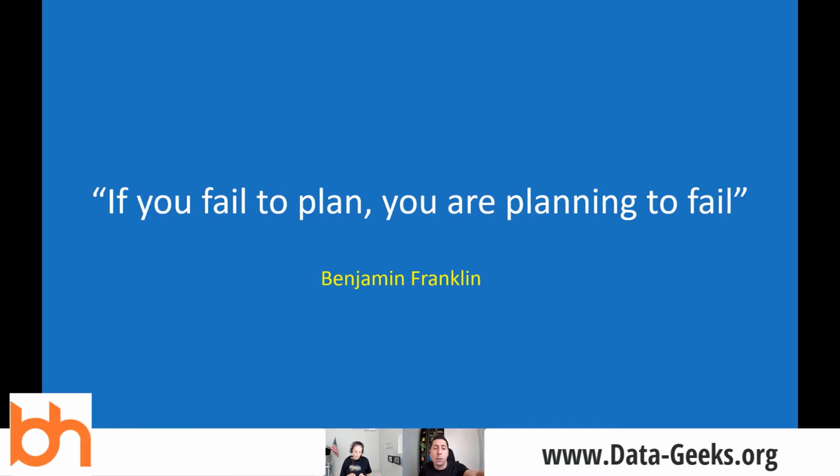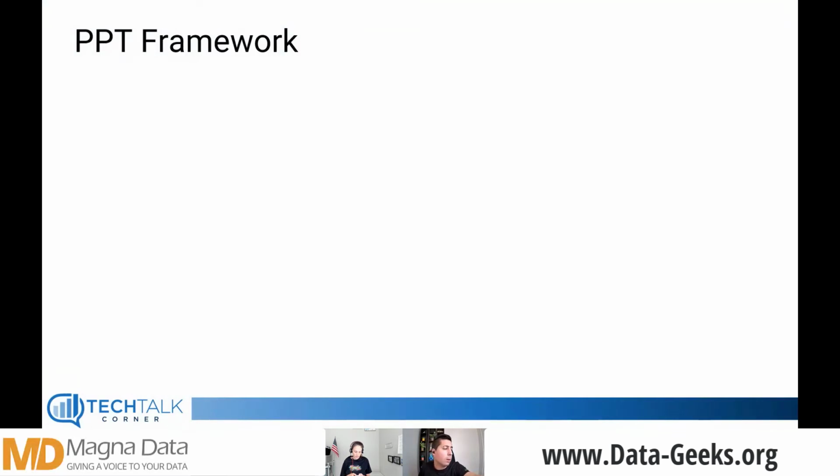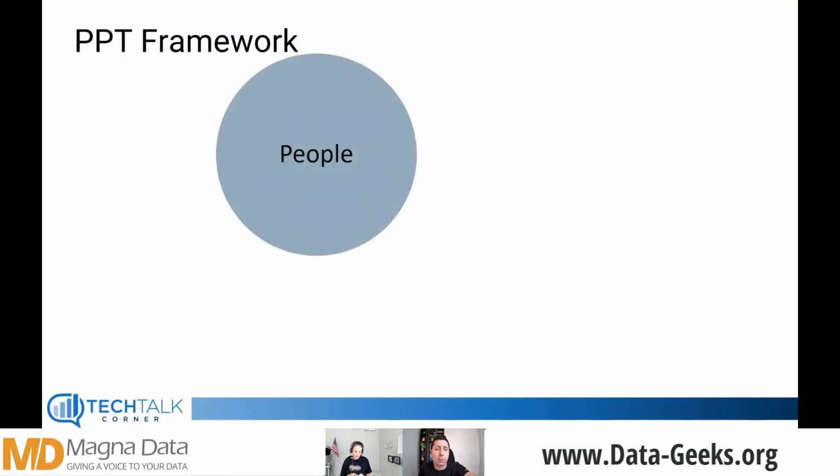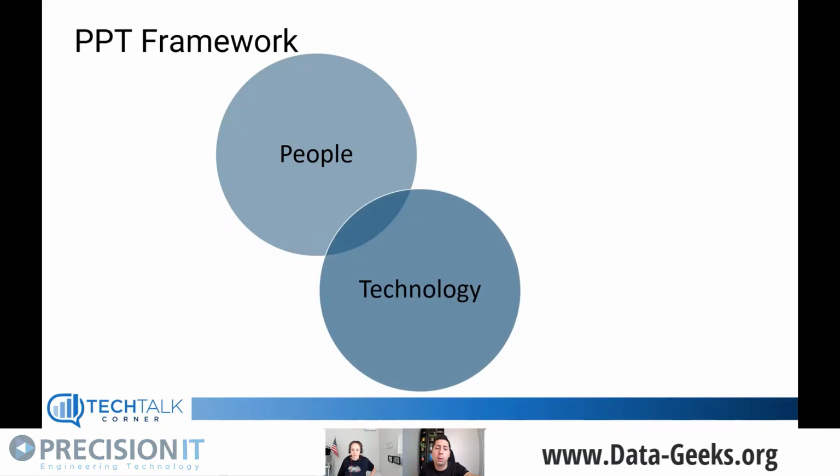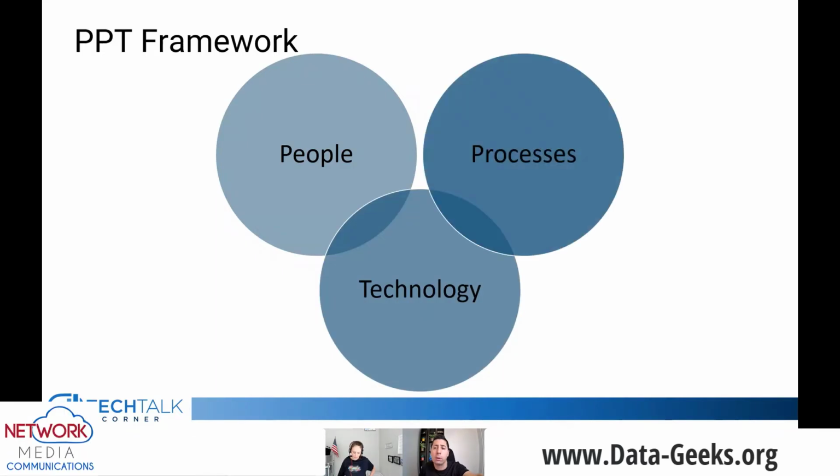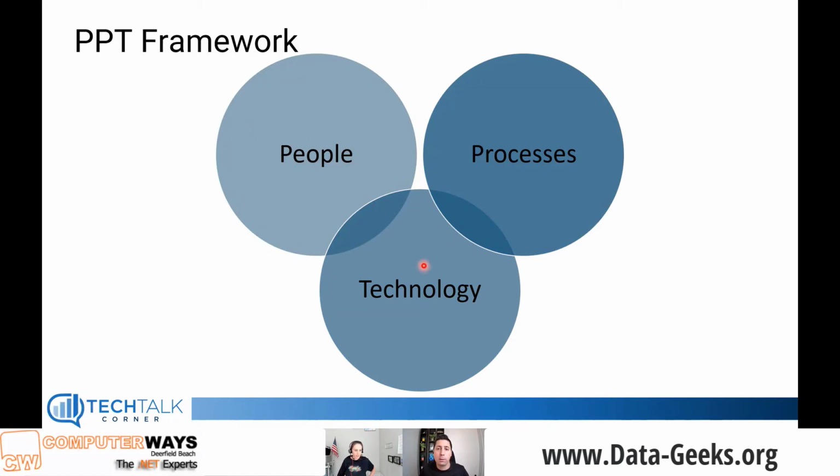if you don't take into account this great phrase by Benjamin Franklin. The next thing that I want to share with you is the PPT framework. Make sure that for all your solutions, you consider three main aspects: people, technology, and processes. Most times, technology is not a problem. You're not going to find challenges with technologies.